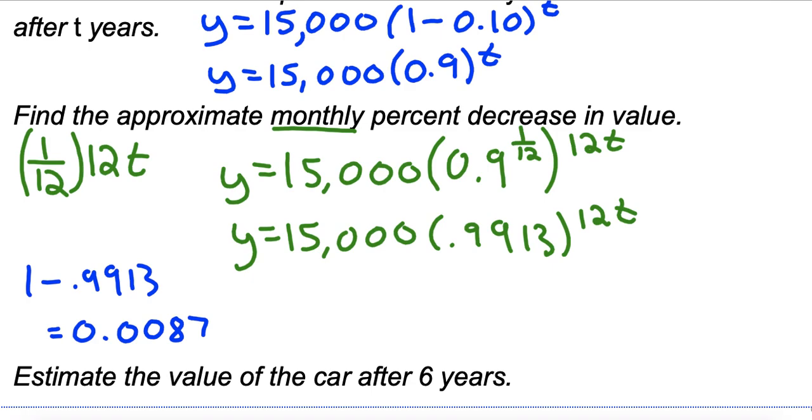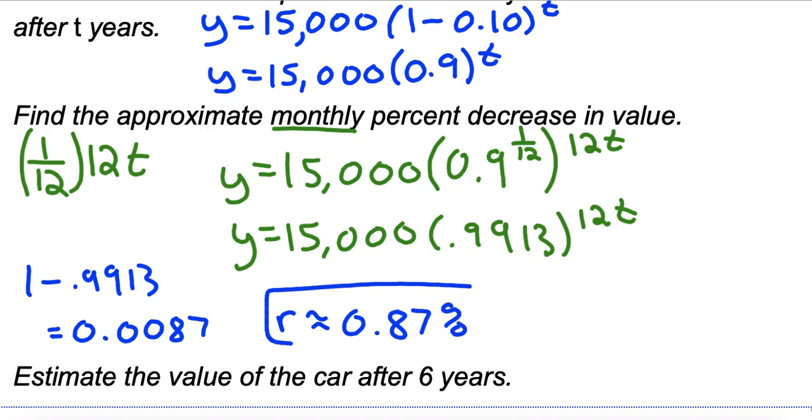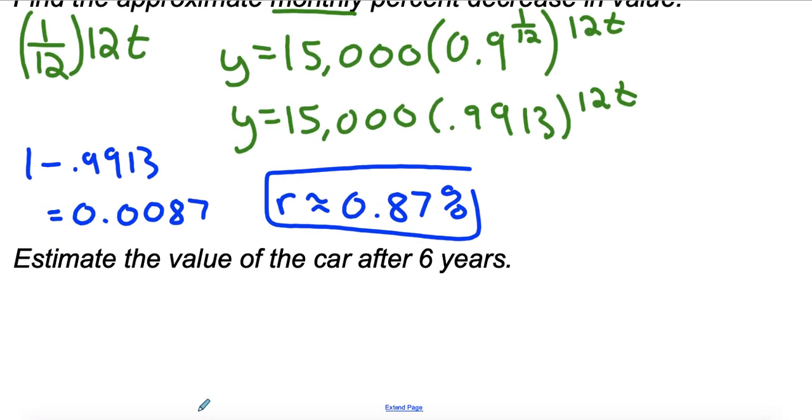So our decay rate, the r, is approximately 0.87%. And if we wanted to check it, if we take 0.87 times 12, we should get something around 10%, which we do.